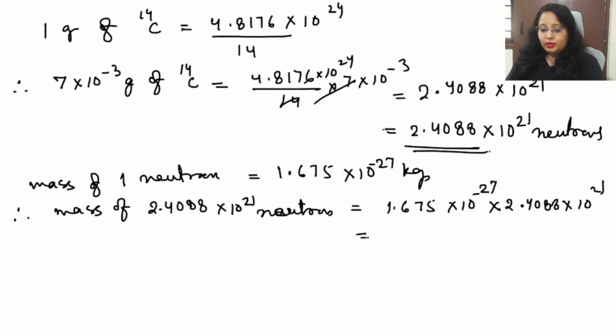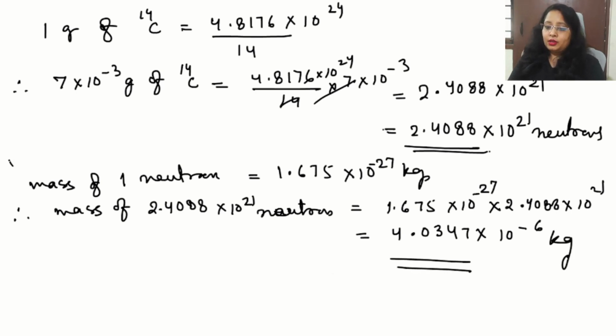After doing multiplication the answer that comes is 4.0347 into 10 to the power, so powers are always added, minus 27 plus 21, it will become minus 6, and it is kg.